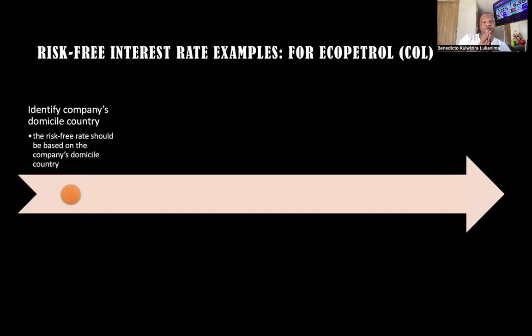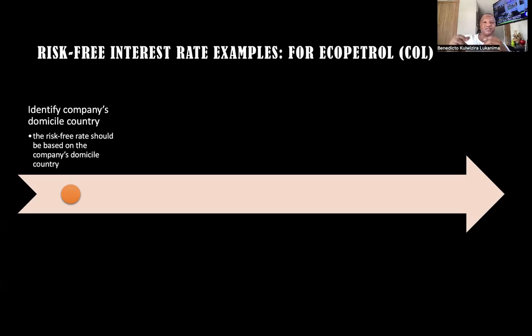The first step is to identify the company's domicile country. This is because the risk-free rate should be based on the headquarters country of a company. Why? Because it has to reflect the company's country risk. Ecopetrol, as a Colombian company, should be affected by what is going on in Colombia.